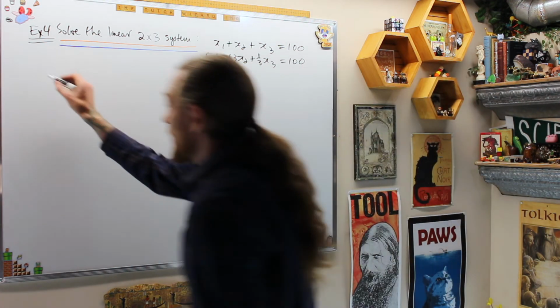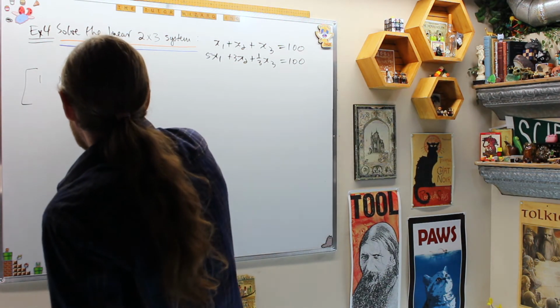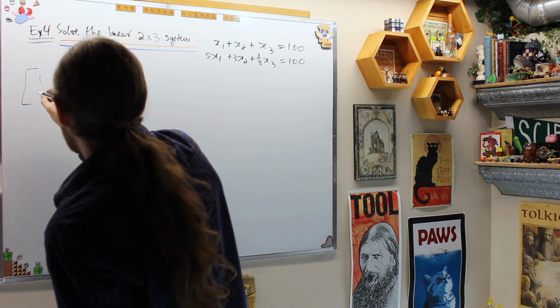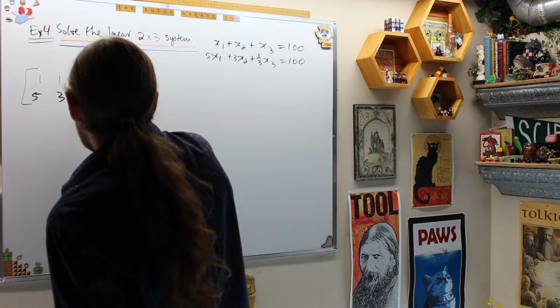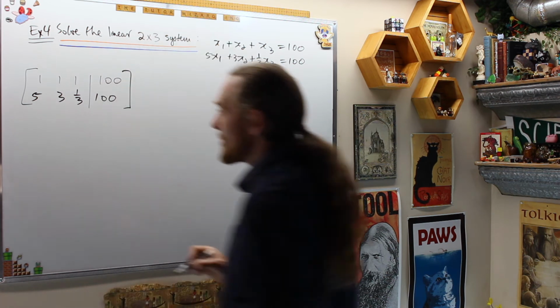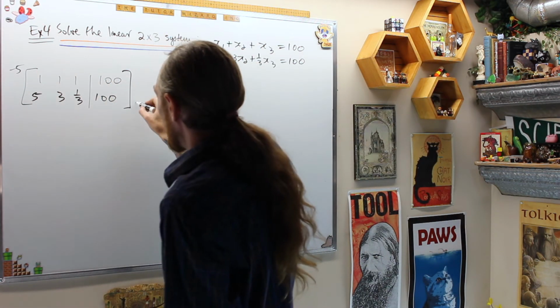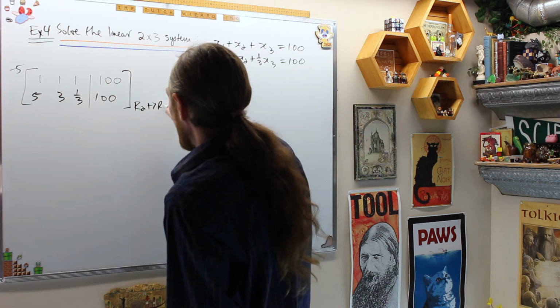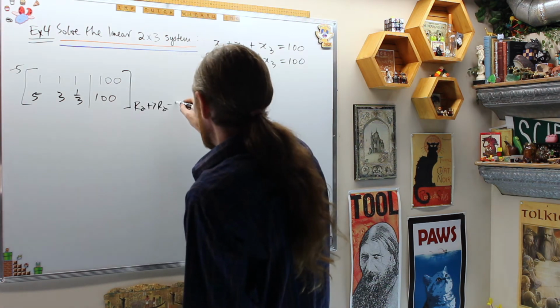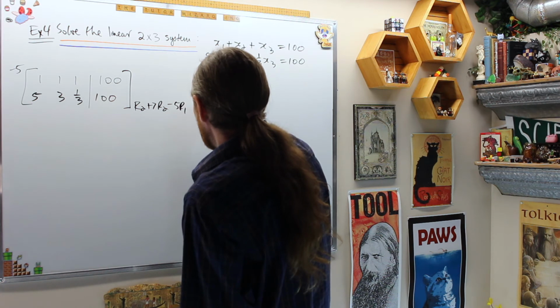Augmenting the matrix, I immediately get 1, 1, 1, 100, 5, 3, 1/3, 100. What I'm going to do is multiply by negative 5, so row 2 is going to go to row 2 minus 5 row 1.